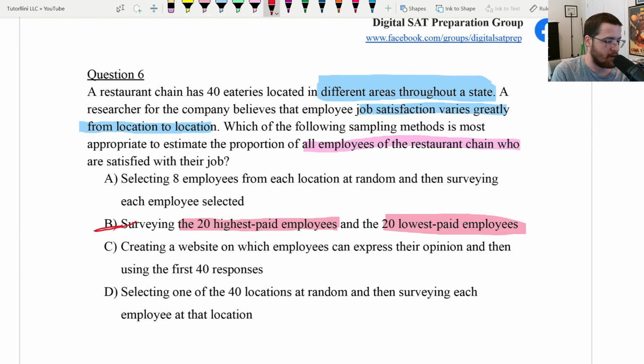Okay, so C says create a website on which employees can express their opinion. First of all, using the first 40 responses, just as we talked about, is just going down a list. That is wrong. That is bad. The people who promptly fill out the survey maybe have better things or worse things to say about the company than the people who do it later, right?